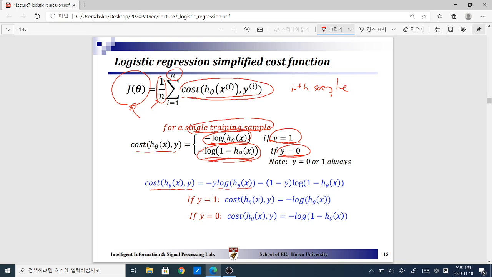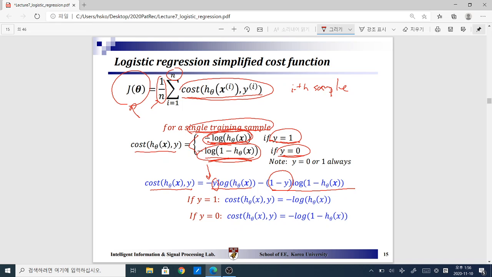So we have this, y multiplied by the negative of the log, which is this. And then we also have this one here, the second term, multiplied by 1 minus y. So by doing so, we can combine these two into one mathematical statement.